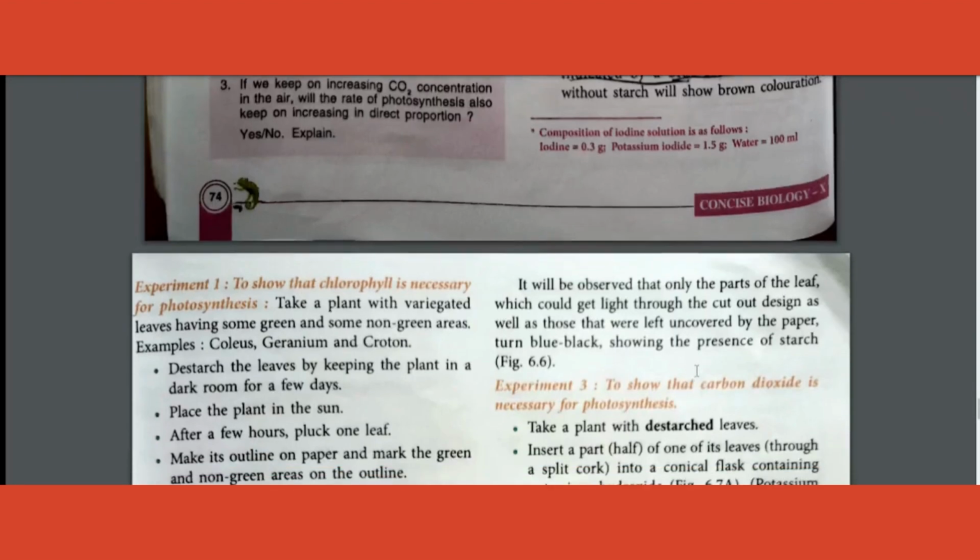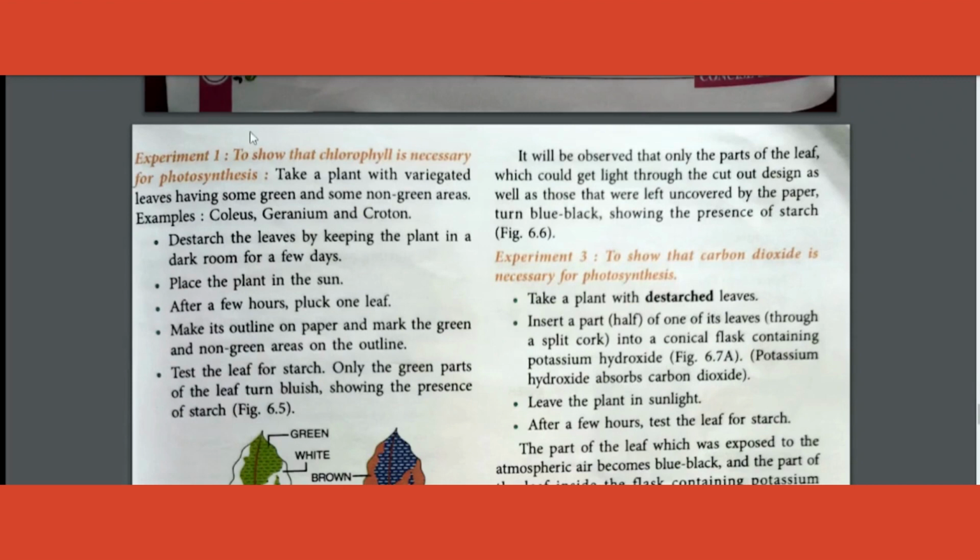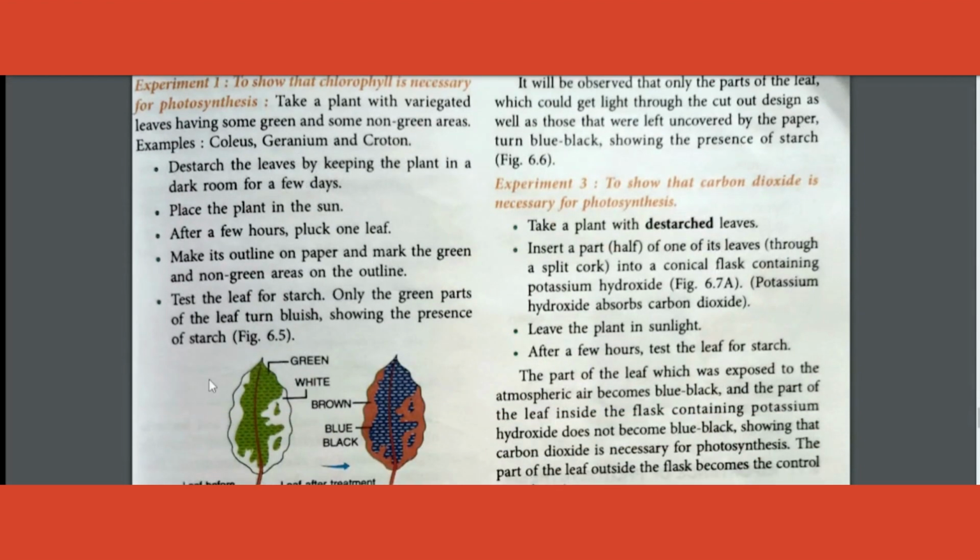Now let's go and learn all the experiments. In the first experiment, we are trying to prove that chlorophyll is required for photosynthesis. In a plant, we take one leaf, and we need to select a plant which has some parts where green color is there, and other parts do not have any chlorophyll.